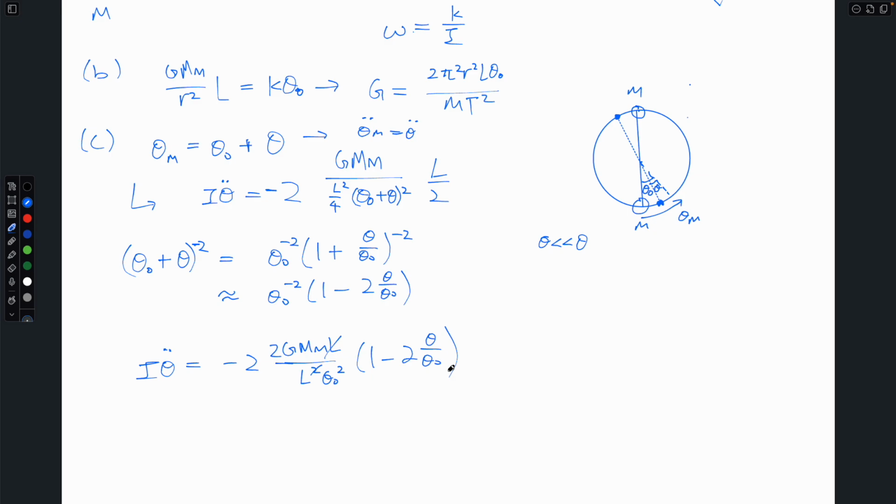Okay. Oh, frick. Wait, hang on. There's another term, minus k theta m. Don't forget that. And then theta m, as we said, is just theta plus theta naught.